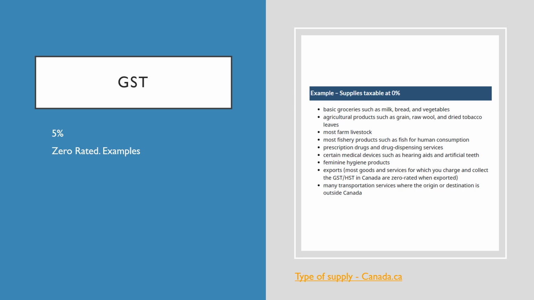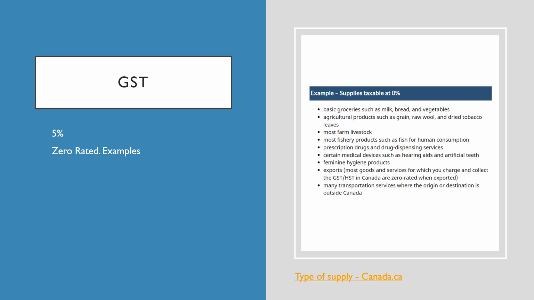feminine hygiene products, and exports. Most goods and services for which you charge and collect the GST in Canada are zero rated when you export them, and many transportation services where the origin or destination is outside Canada. Those are the only times that you will be taxing at 0%.